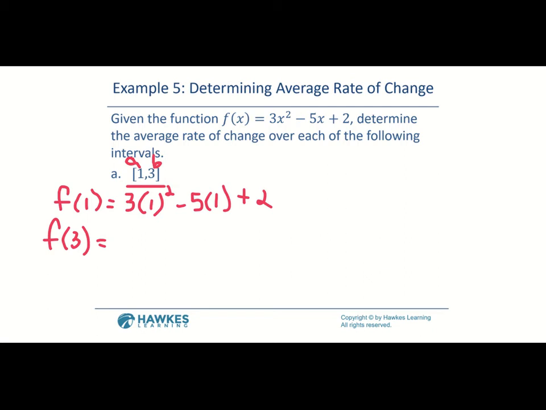And then we need to do 3 times 3 squared minus 5 times 3 plus 2.